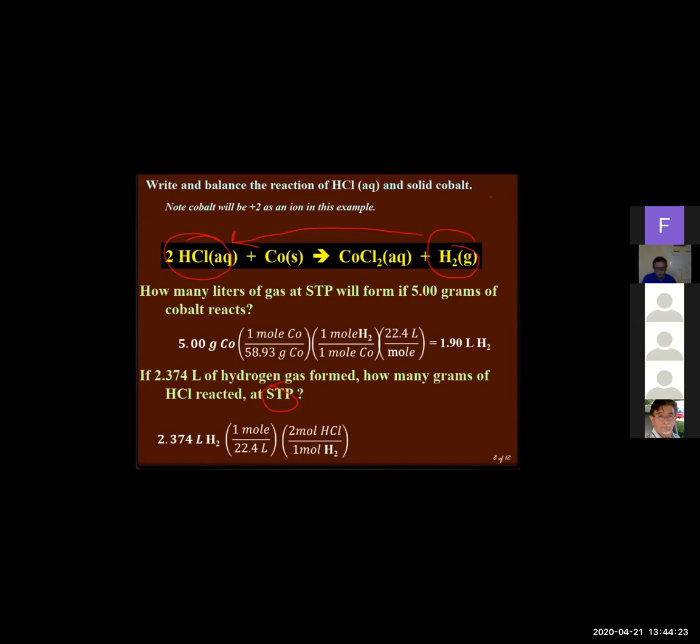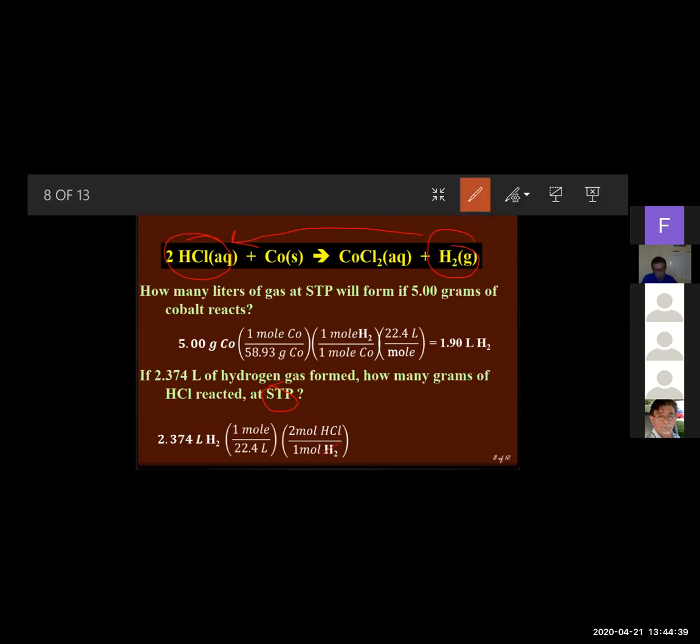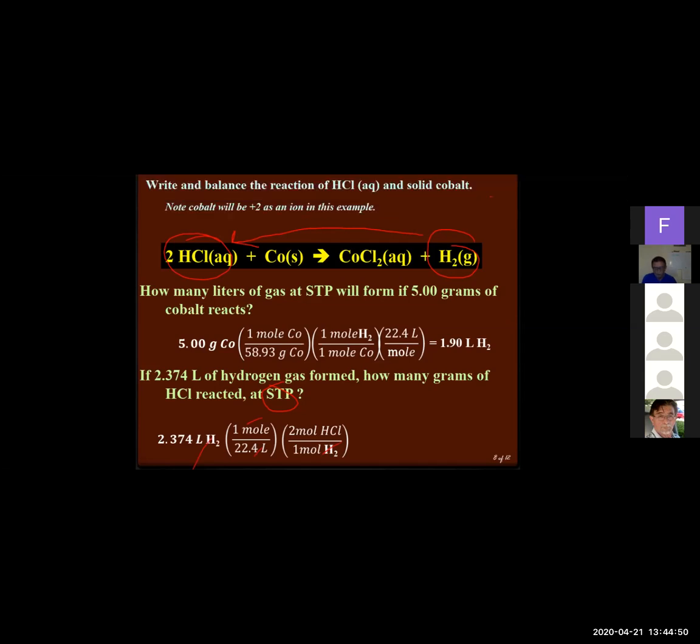We go to the balanced chemical equation, which tells us there's 2 moles for every mole of hydrogen. Keeping track of my units, that will give me the moles of hydrochloric acid. So we're almost there. We're still at STP, so I can do a couple of things here.